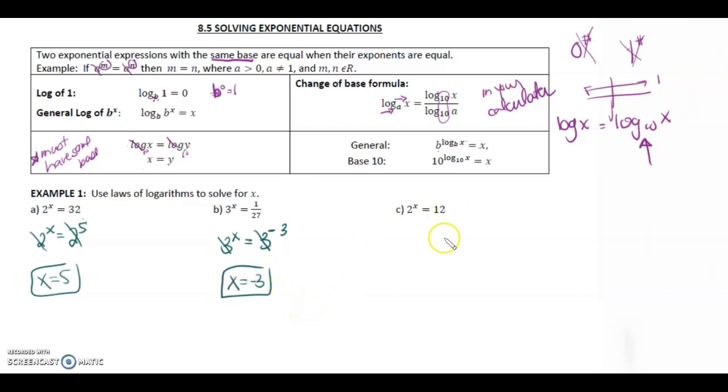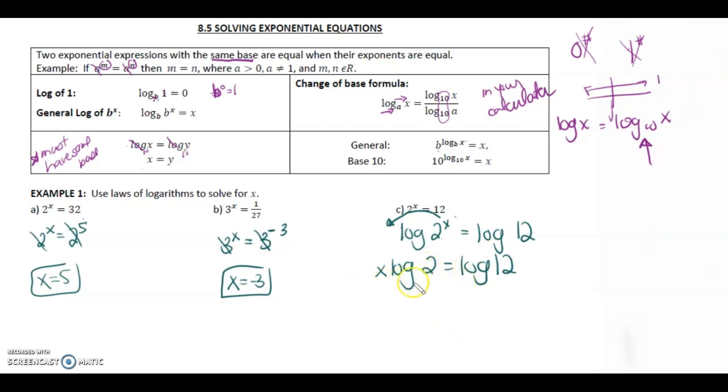Now c. We have 2 to the x equals 12. Here's the issue. We can't change 12 to have a base of 2. So I'm going to log both sides, and I get log of 2 to the x equals log of 12. I'm going to bring this x in front, and I'm going to have x log 2 equals log 12.